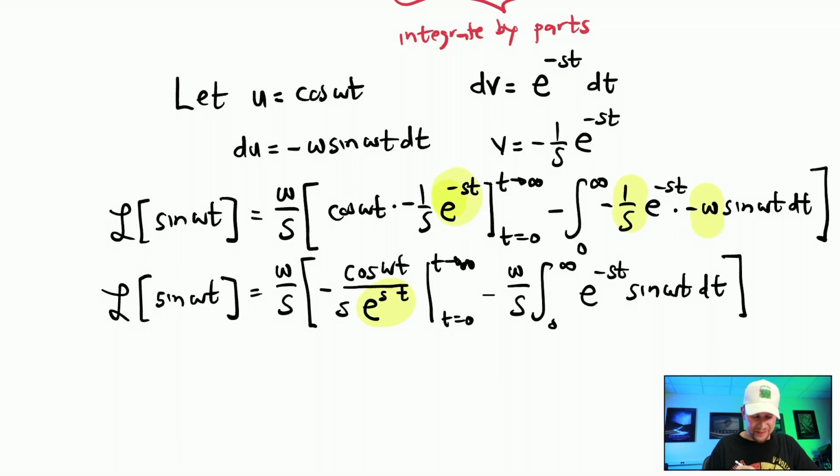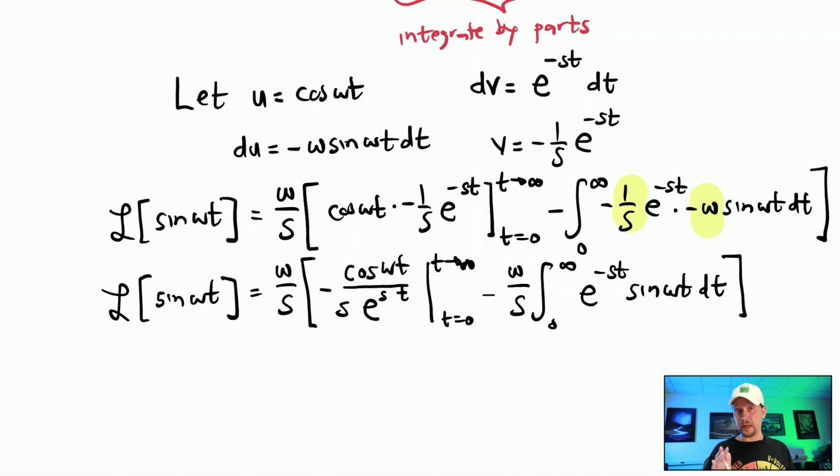When I promote it or demote it to the denominator, it loses its minus sign. And the same argument holds for at least that first term that we had previously. Remember, the cosine, as t approaches infinity, oscillates back and forth between a maximum of 1 and a minimum of minus 1. However, the exponential e to the st as t approaches infinity approaches infinity.